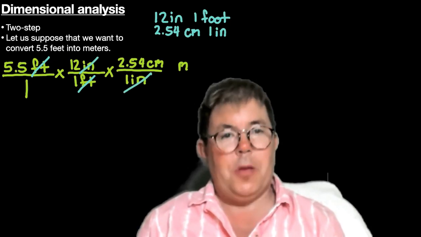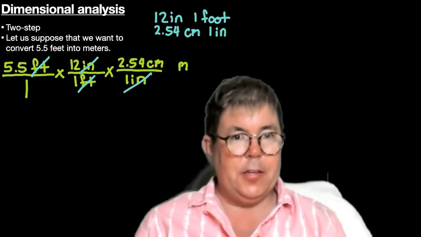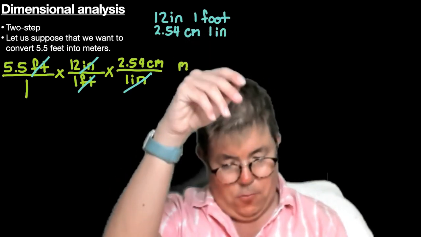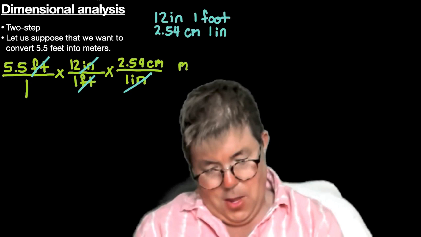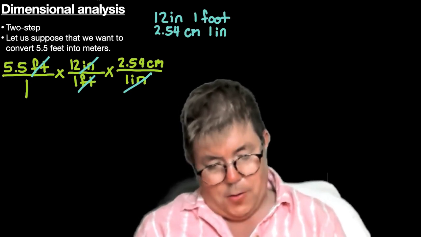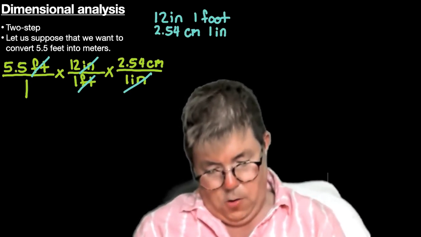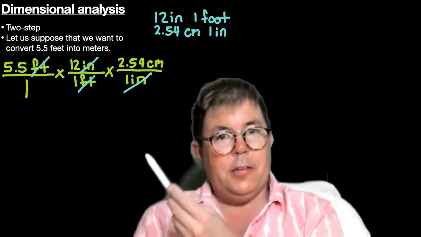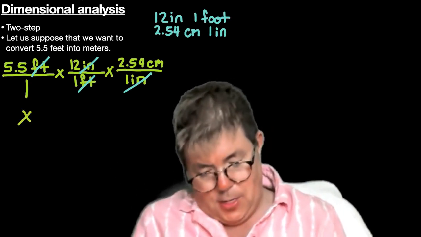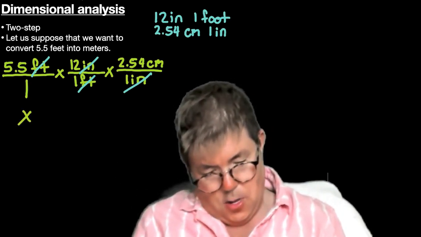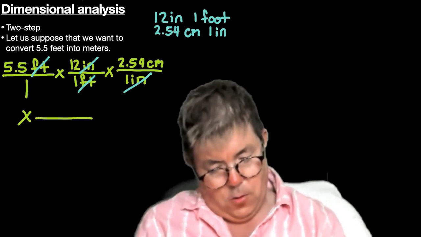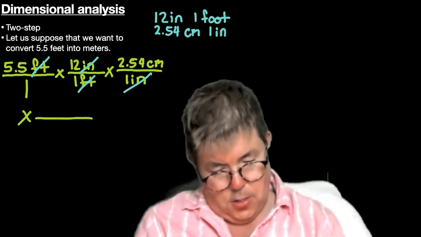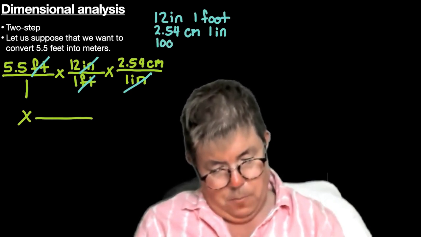Running out a little bit of space, so let's get rid of that meters there. Now we're going to multiply by our next conversion factor. This next conversion factor we need is how many centimeters in a meter. There are 100 centimeters per 1 meter.